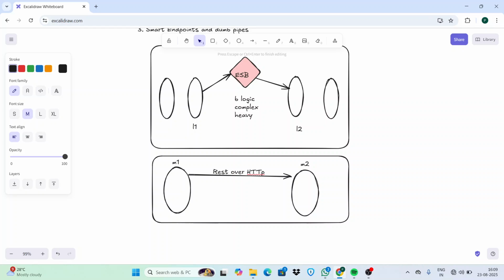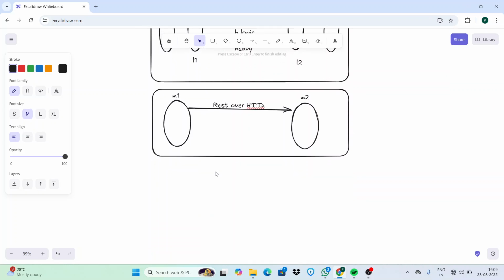Obviously there are types of communication, but the third principle of microservices says that each microservice should be designed to have the functional or business capabilities end to end.